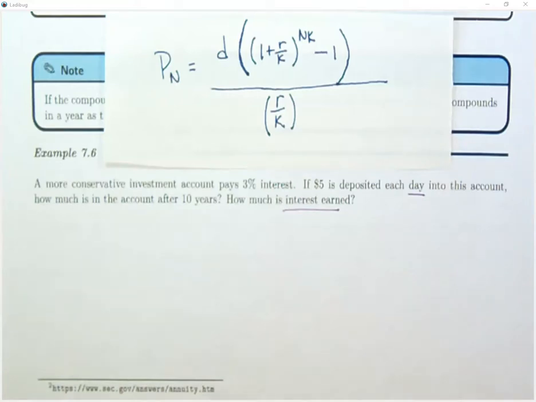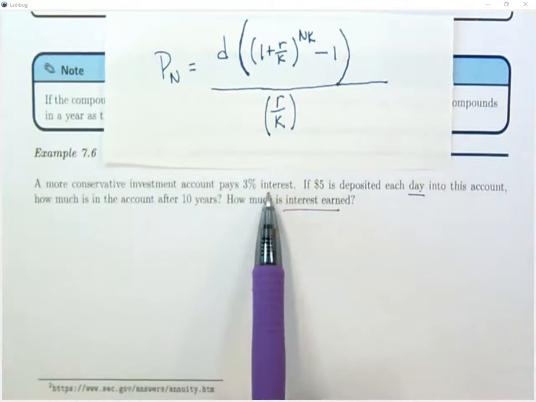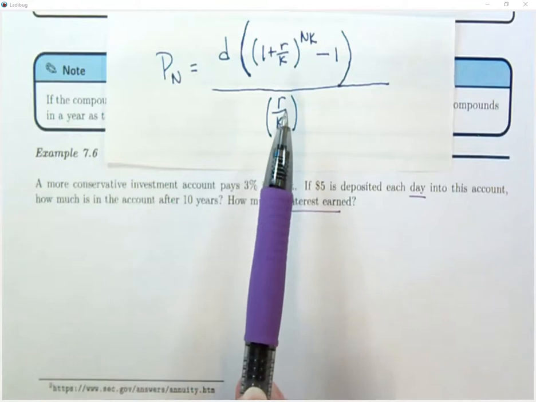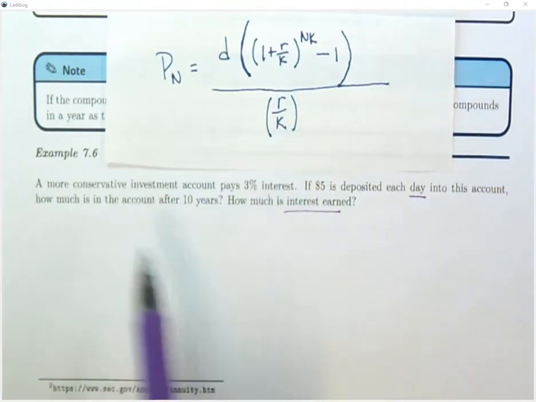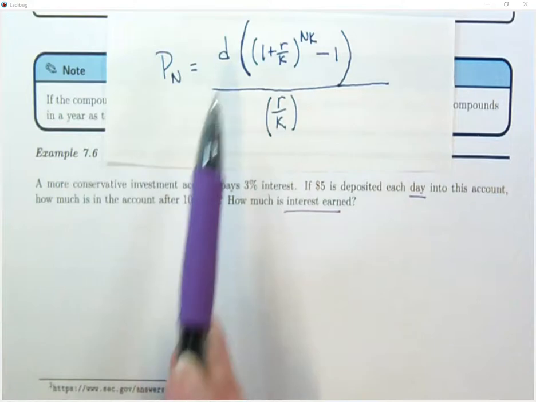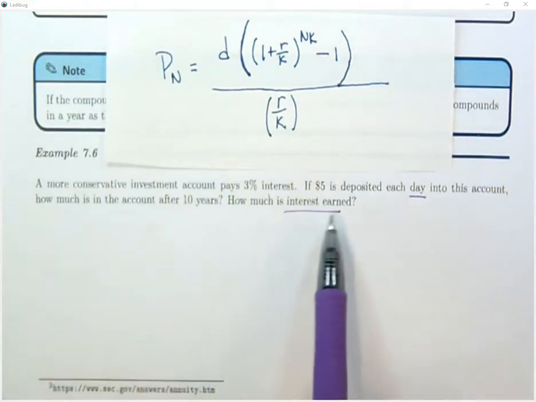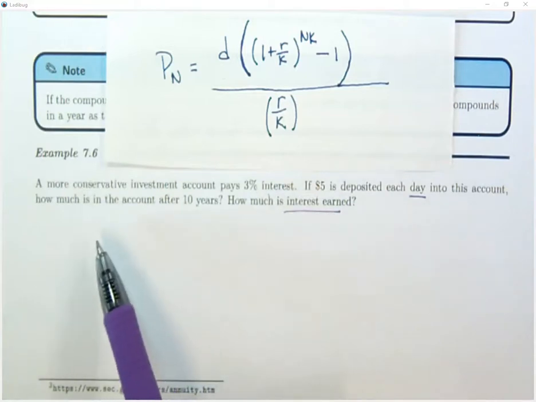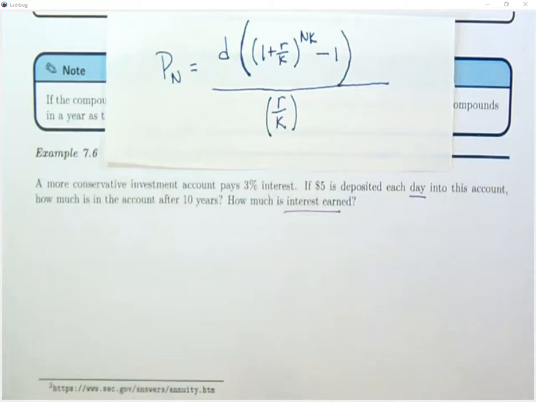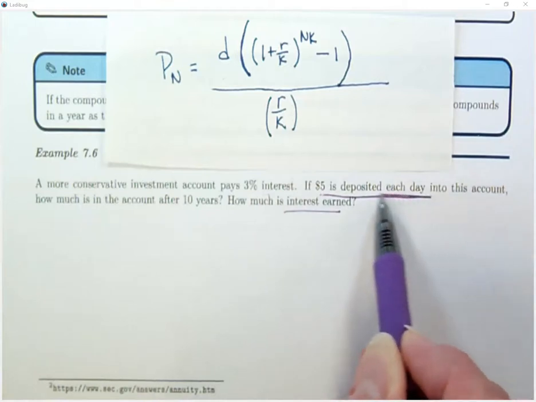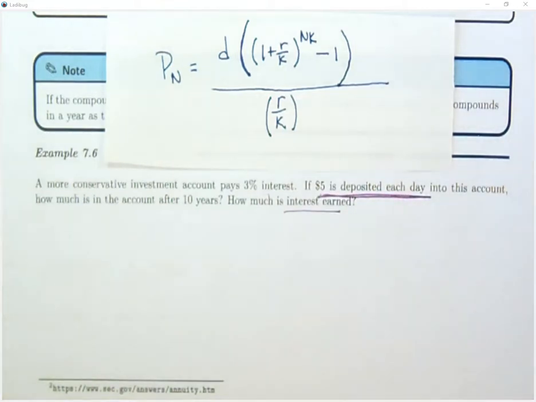So I want you to try to pick out all the different pieces that would fit into the formula. The thing we're trying to find is the D. When you look at this, you want to pick up a few differences from regular compound interest. The key thing is that it says $5 is deposited each day into this account.